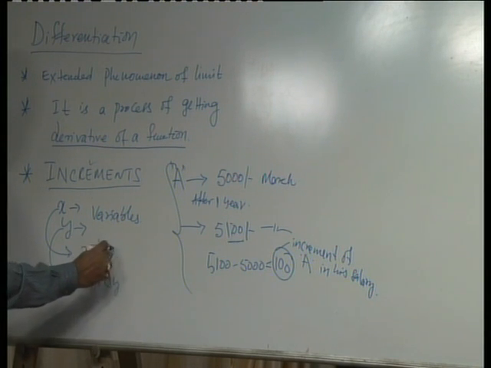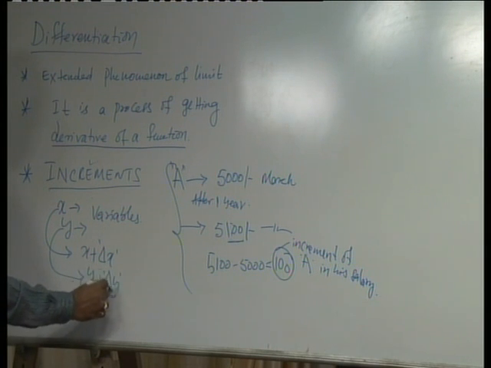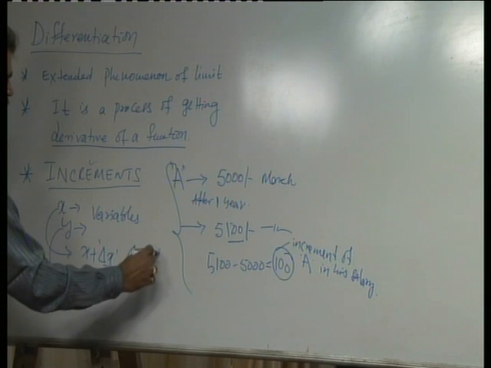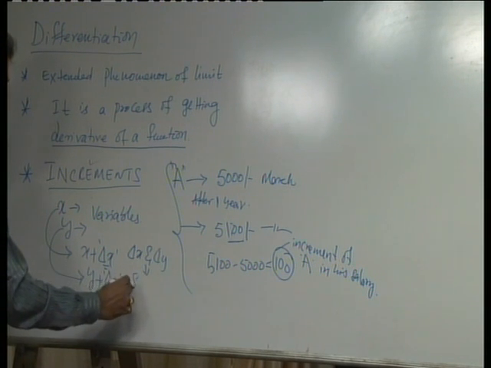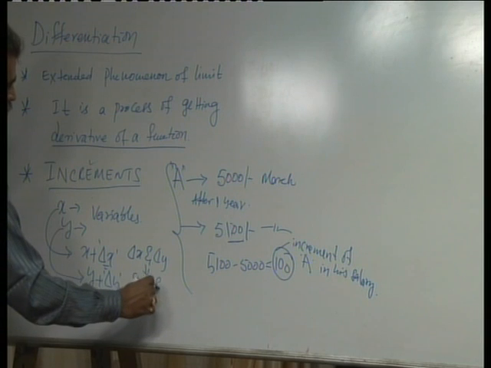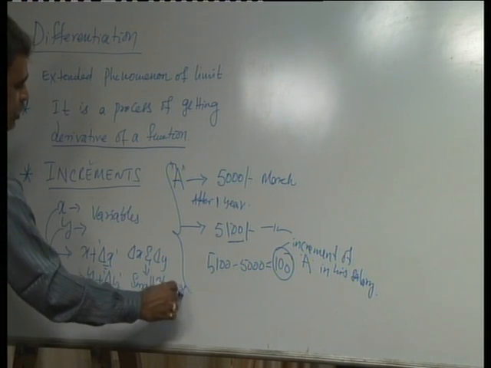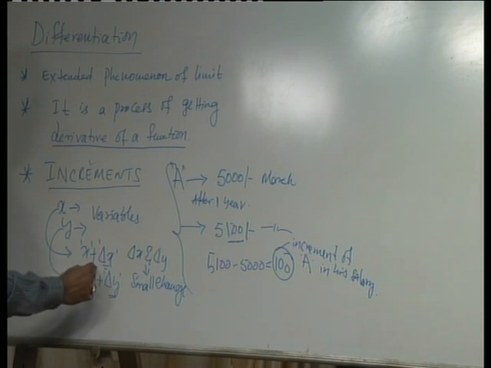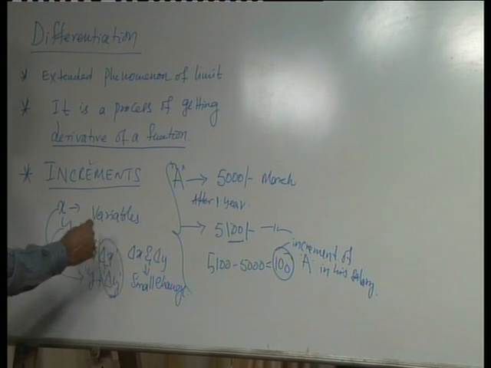So, delta x and delta y, they are called small change. The small change in these two variables x and y are called as increment.